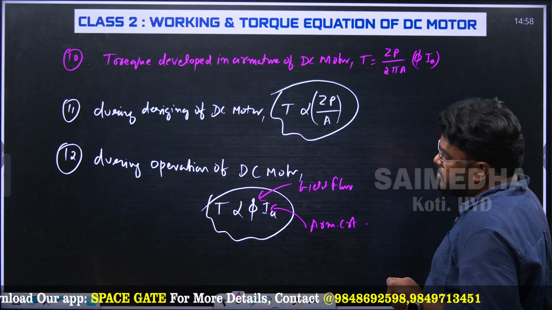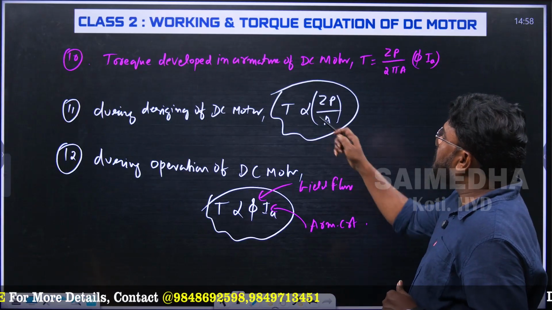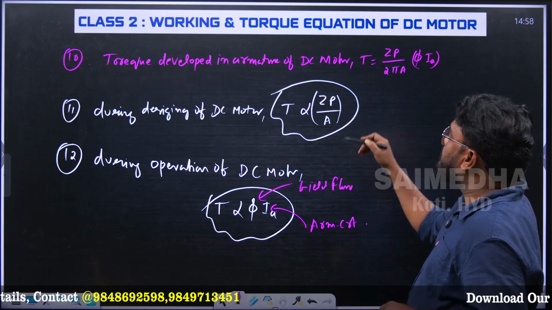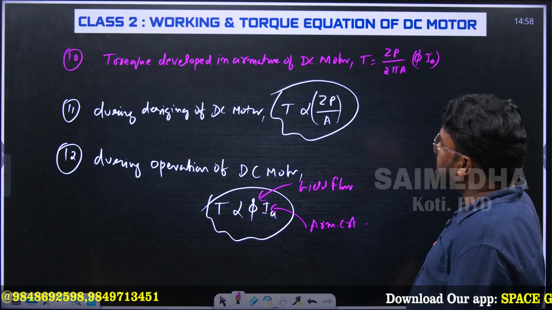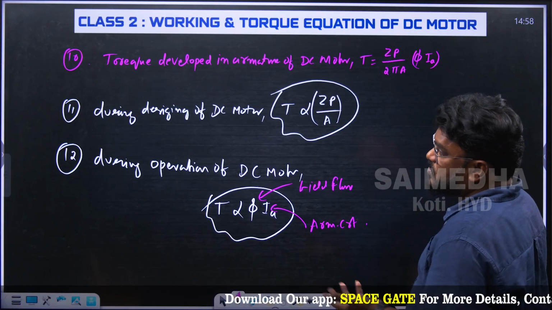So torque is directly proportional to the product of field flux and armature current. During designing of the motor, torque is directly proportional to Zp by A. Here 2 pi is some constant value. So like this you can answer.